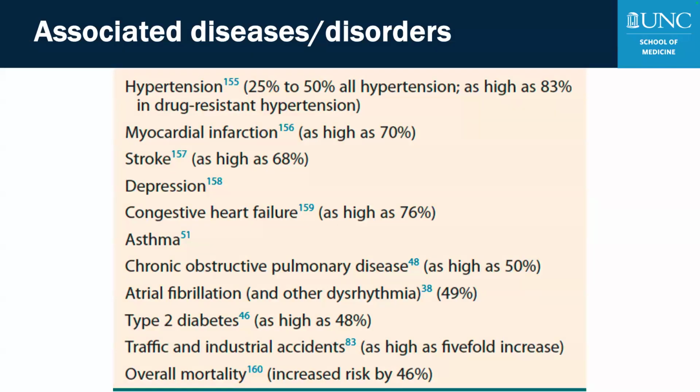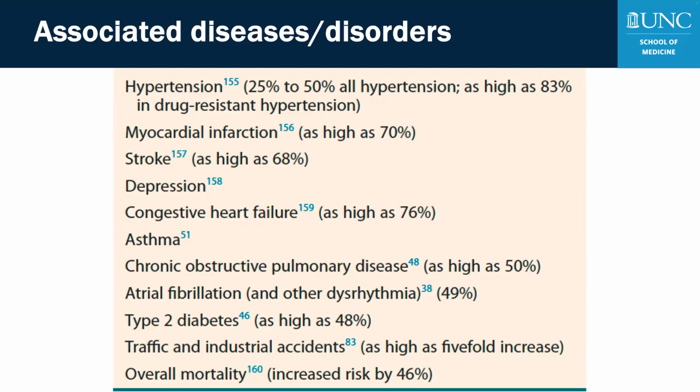Then having sleep apnea, obstructive sleep apnea, is associated with a lot of other medical disorders. So there's a high likelihood of association with hypertension, with high blood pressure. Somewhere between 20 to 50% of all patients with high blood pressure have it, and this is even higher in drug-resistant hypertension.